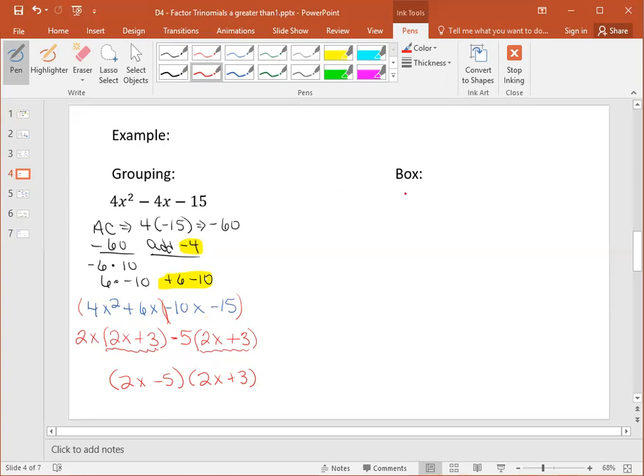So let's do the same problem using the box method. We're still dealing with this same problem. We would still do the AC method.